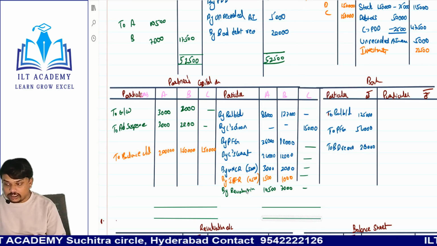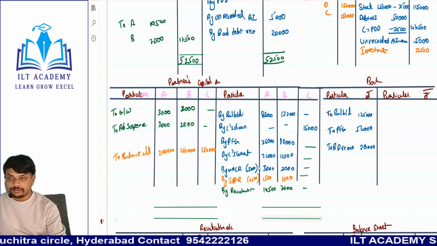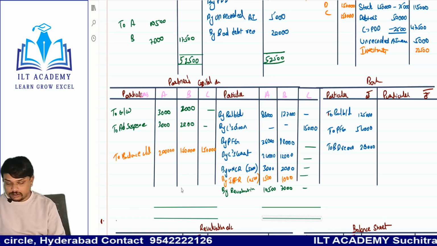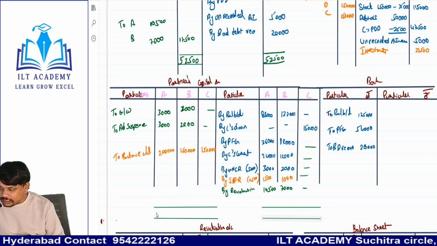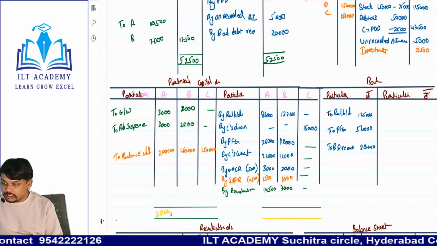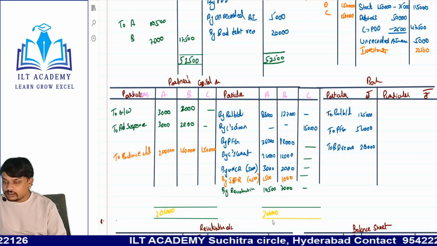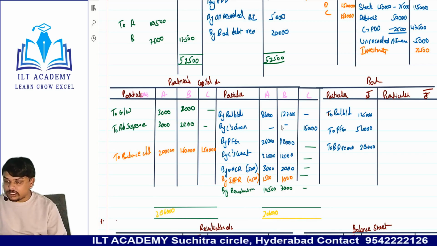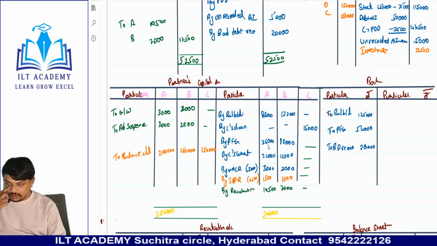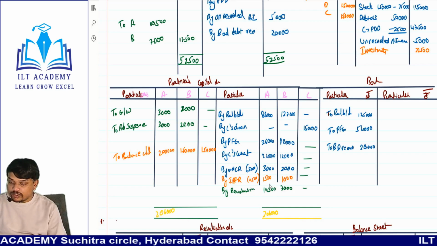Which is the total on the debit side? This side minus this side will be 43,000.